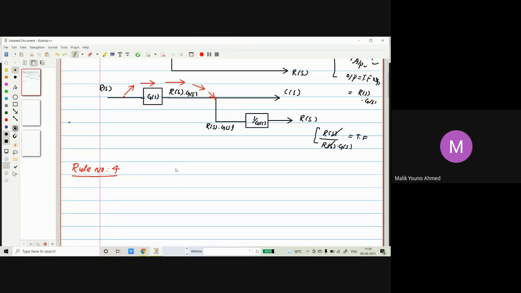So next is moving a takeoff point ahead of the block. So we need to move the takeoff point ahead of the block.